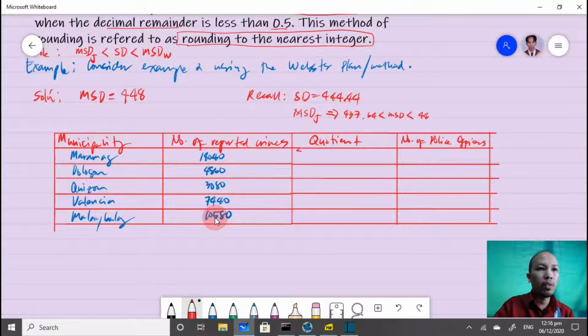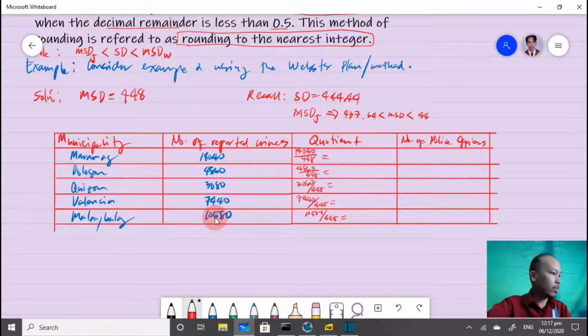So we have 14,040 divided by 448, 4,860 divided by 448, 3,080 divided by 448, 7,440 divided by 448, and then 10,580 divided by 448.